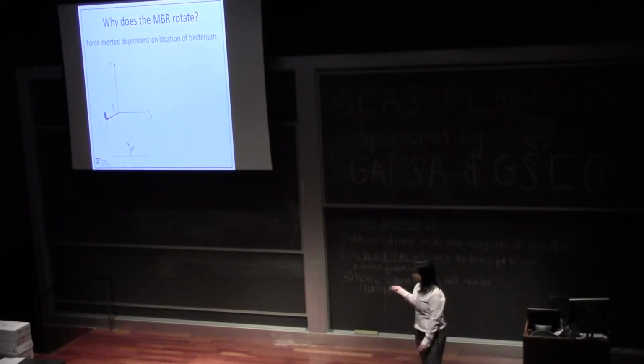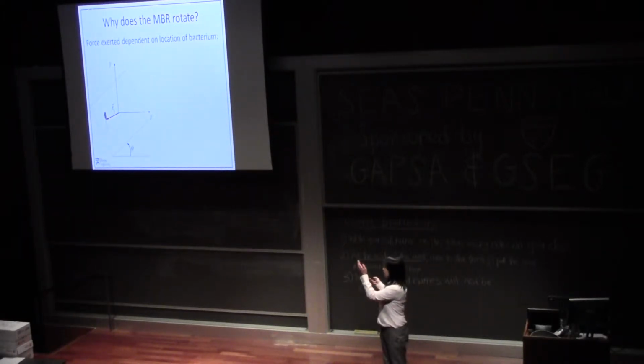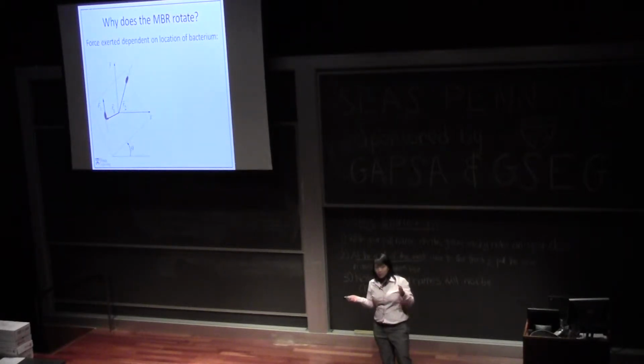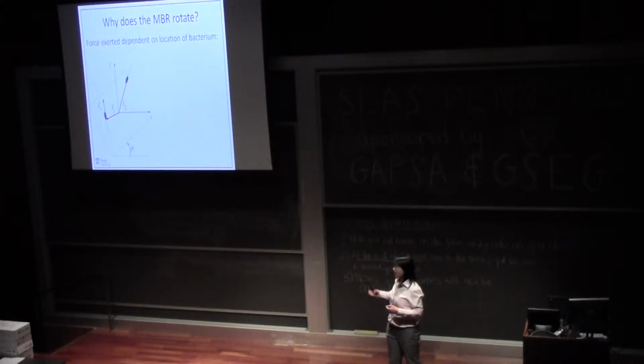So we hypothesize that there are two different cases. If a bacterium is attached to the center of the microbio robot and the flagella is right on top of the microstructure, then we believe there's just one force, one propulsion force that it's exerting on the plate. However, if we have a flagellum and a cell sticking on the edge and the flagellum is kind of hanging off, we believe that there are actually two forces now.